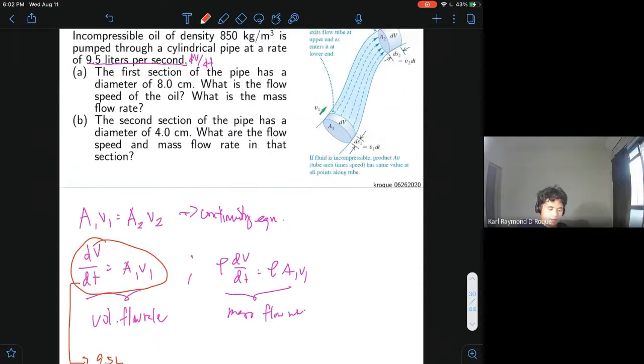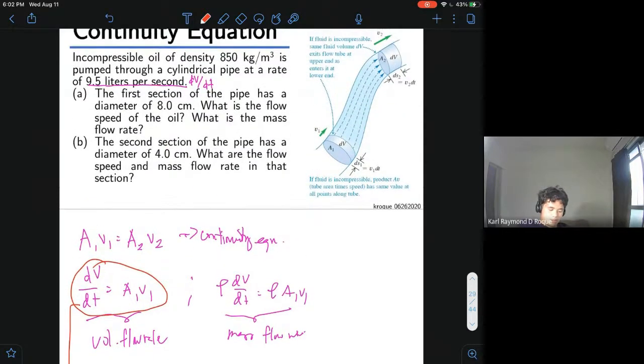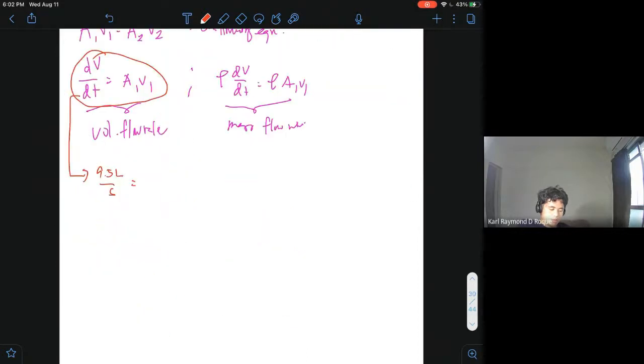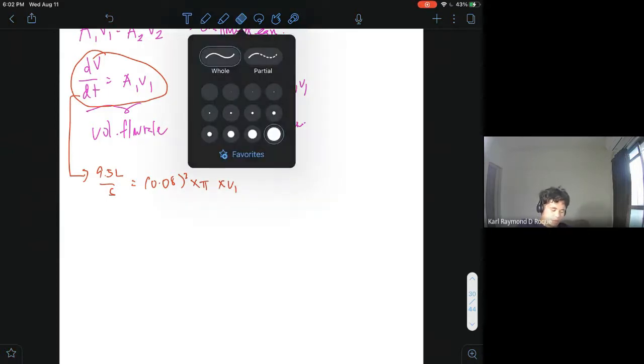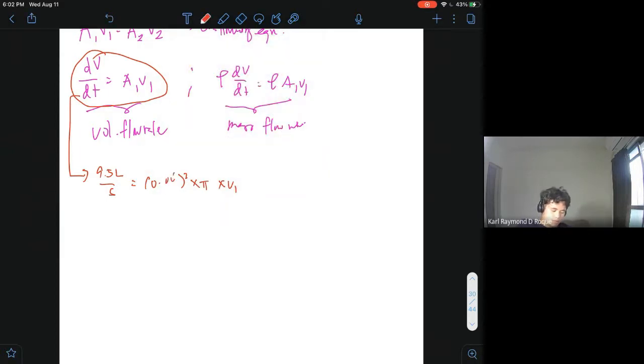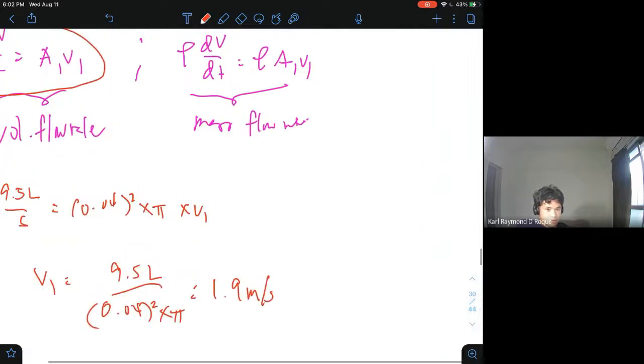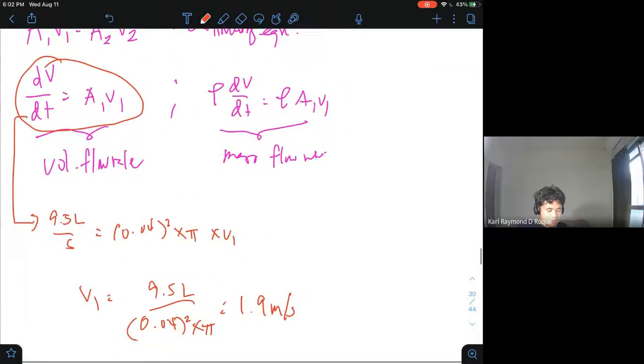Diameter is 8 cm, so radius 0.04. So, pi times 0.04 squared times V1 gives V1 equals 1.9 meters per second.